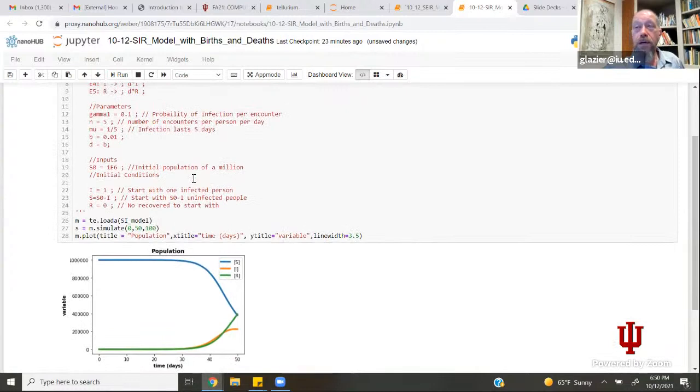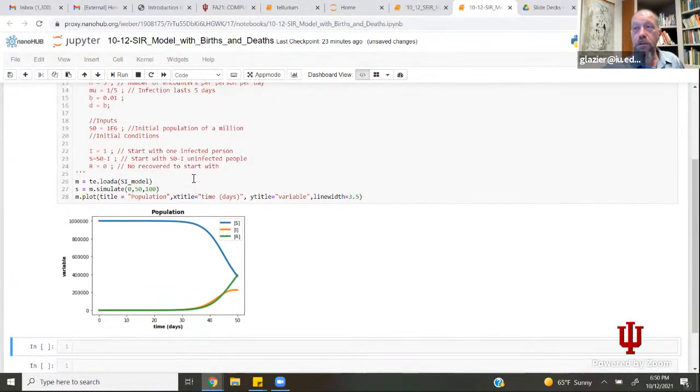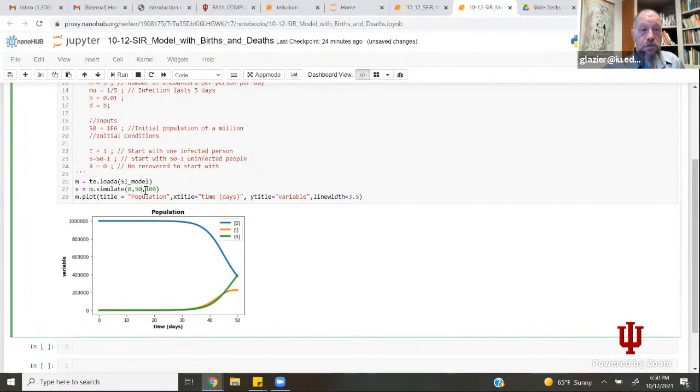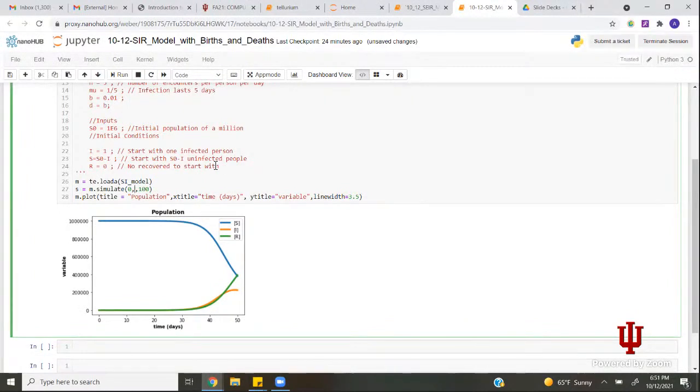So now we probably have to run it a little bit longer because we're only running 50 days. And even if people are reproducing over a period of 100 days, that's still too short. So you have to run it over a longer period of time. So why don't you run it for 2 years or 3 years? Can I say like 1,000 days?